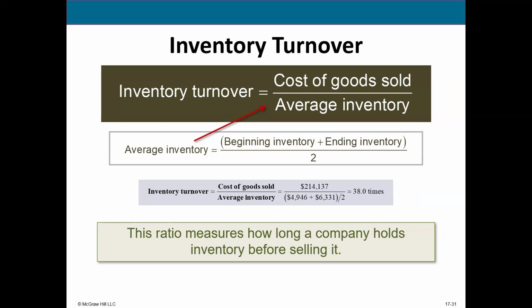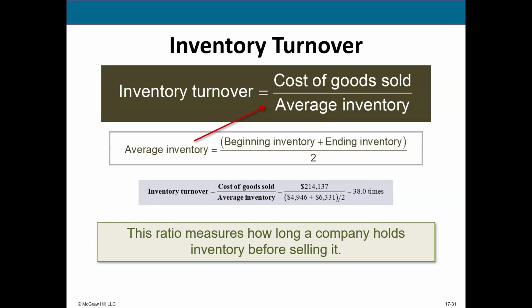So to calculate inventory turnover, we take the cost of goods sold and we divide by average inventory. Beginning balance plus ending balance divided by 2 for the inventory. So in the case of Apple, their average inventory turnover is 38 times. This is a little high, actually.